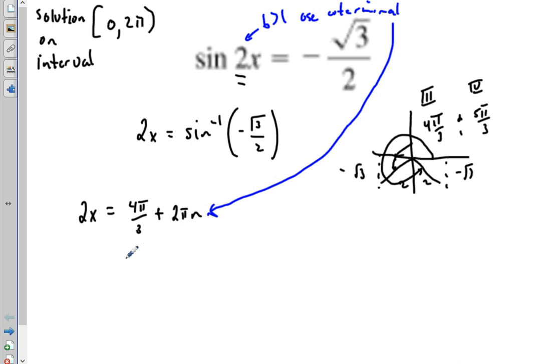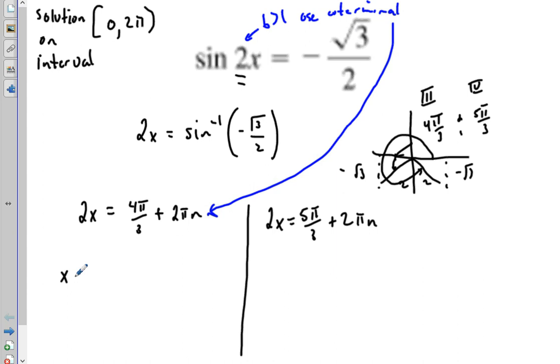So now from here, we're going to solve this by dividing by 2. For this first one, oh, we probably should make the other one. So we have another one over here on this side: 2x equals 5 pi over 3 plus 2 pi n. Now we're going to divide by 2.